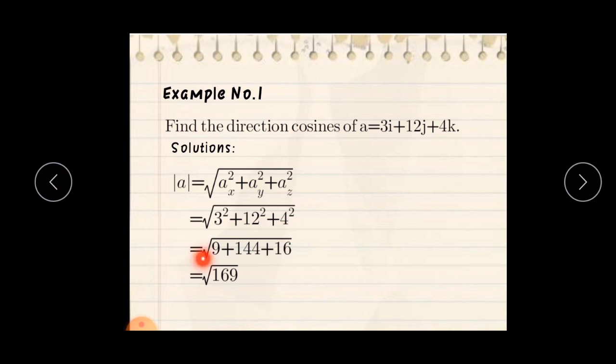Square root of 9 plus 144 plus 16 is equal to square root of 169. And square root of 169 is 13. So our value of the magnitude of A is 13.